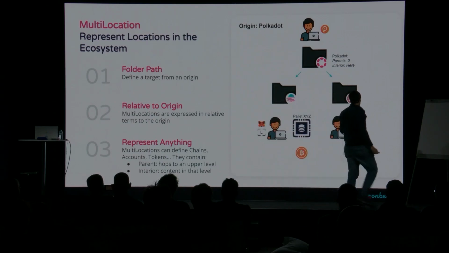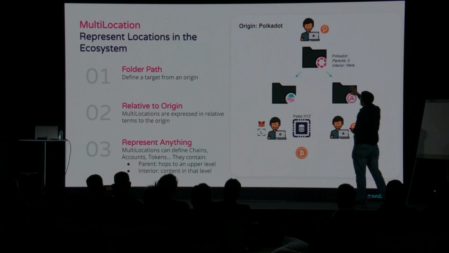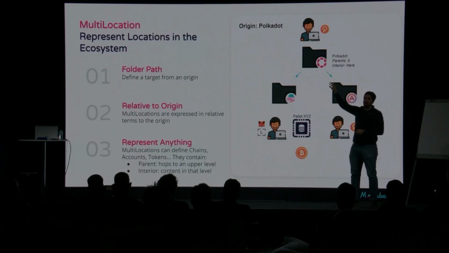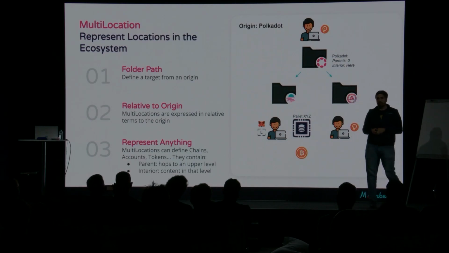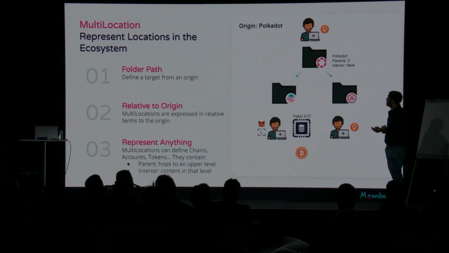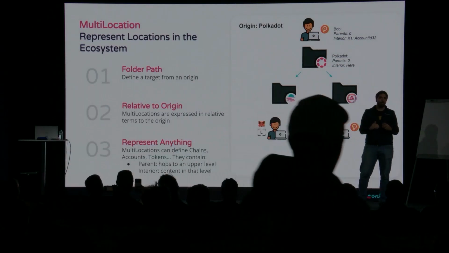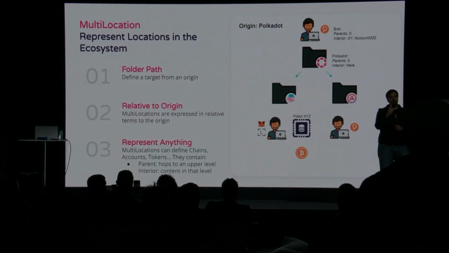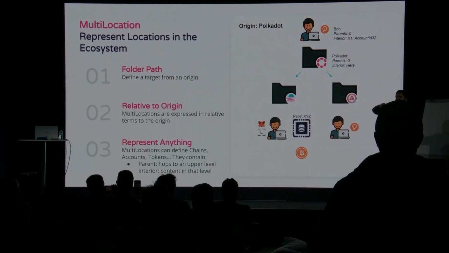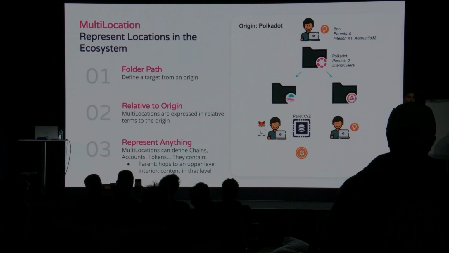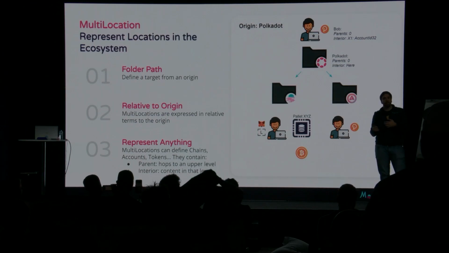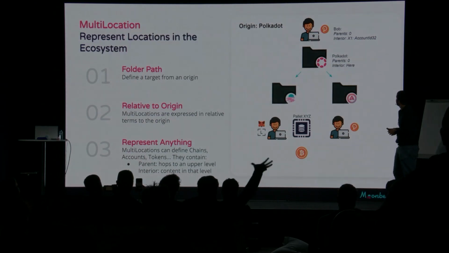So I brought an example, right? Let's say we're standing in Polkadot, so our origin is Polkadot, and we want to define how an account on Polkadot, Bob, looks as a multi-location. Bob will be parents 0 because we're standing in the same folder, and then we only need 1 field, called X1, to define the account itself, which is an account ID 32, because Polkadot uses 32-byte accounts as their account system.